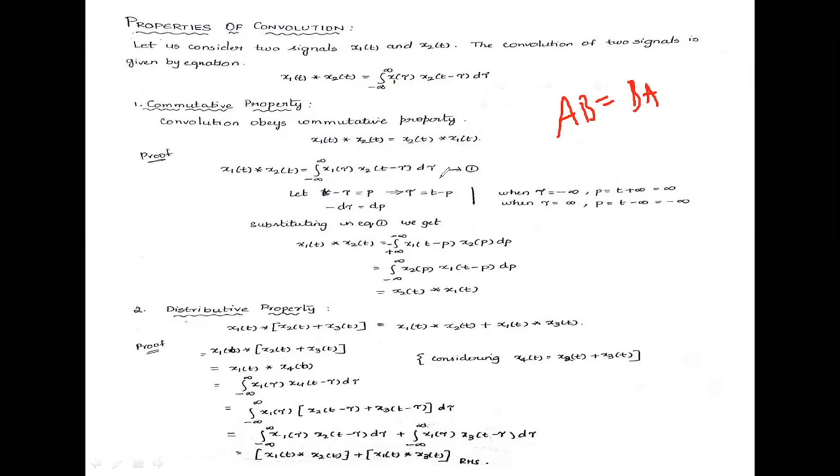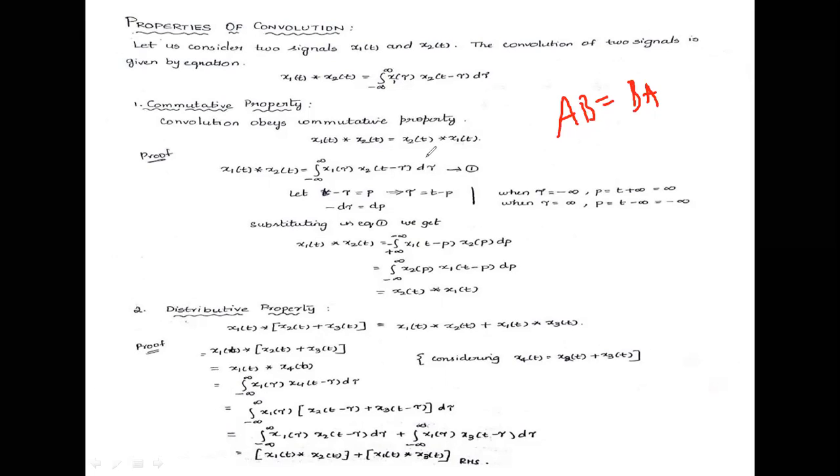Now I am using the definition, the integral from minus infinity to infinity of x1 of tau, x2 of t minus tau, d tau. Replace t minus tau equal to p, and tau is equal to t minus p. Here t is a constant, and tau is variable and p is also variable.